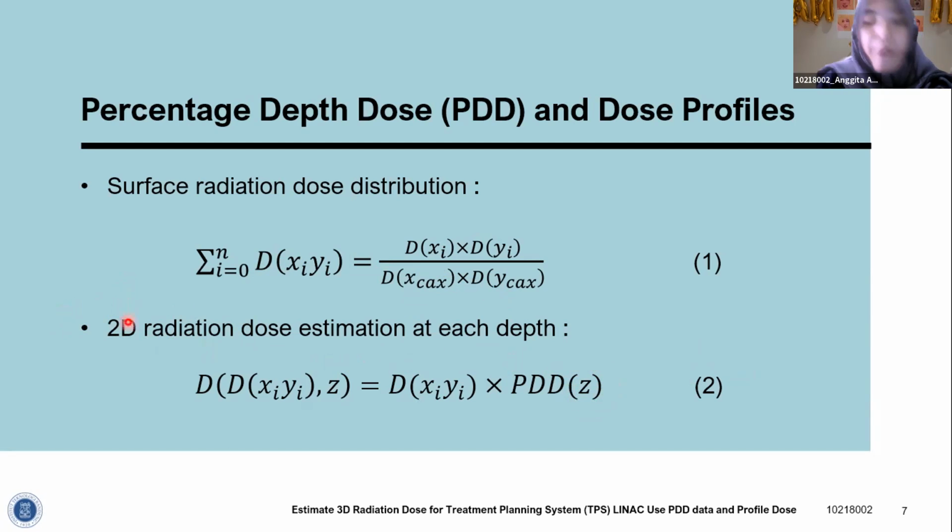Using equation number 2 gives an estimate of the 2D radiation dose at each depth, where Dxiyiz is the distribution of radiation dose to the surface at a certain depth, and PDDz is the percentage of radiation dose at that certain depth. All 2D radiation dose estimates at various depths are integrated according to their depth on one curve to form a photon 3D radiation dose estimate.